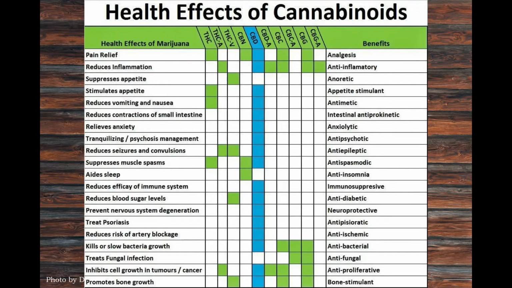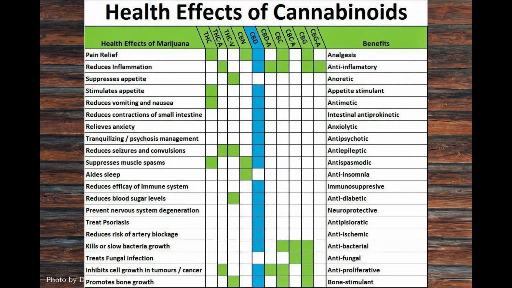Here in this chart, you'll see the correlation of all of these ailments. To your left, you have THC, THCA, THCV, and CBN before the CBD.